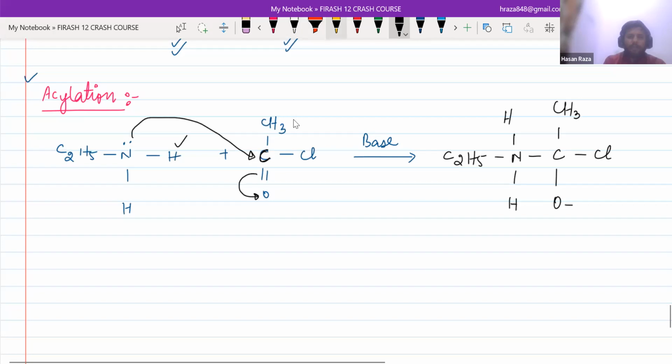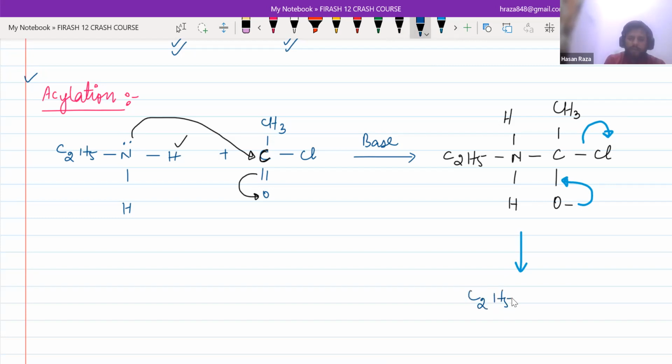Now see what will happen here. Since chlorine is more electronegative, it will take electrons from carbon and be eliminated, or go out. So oxygen will give electrons to carbon, so there will be a double bond between these two. C2H5, and then the most important point is that there will be a positive charge on nitrogen, which I forgot.